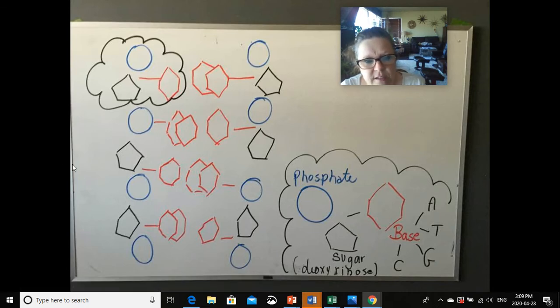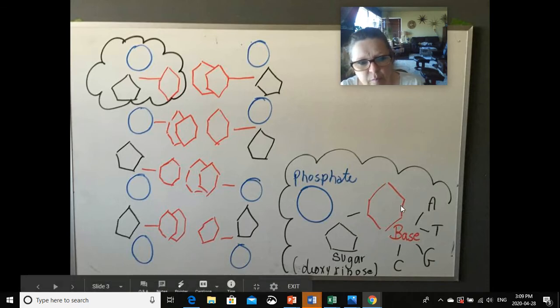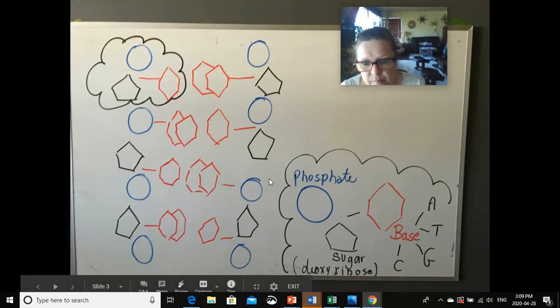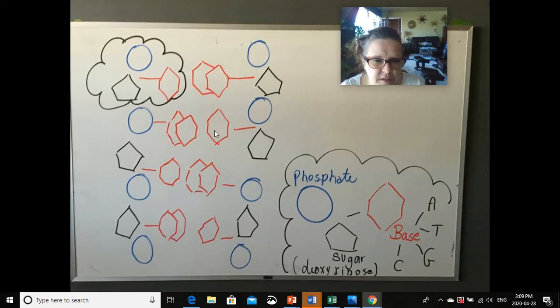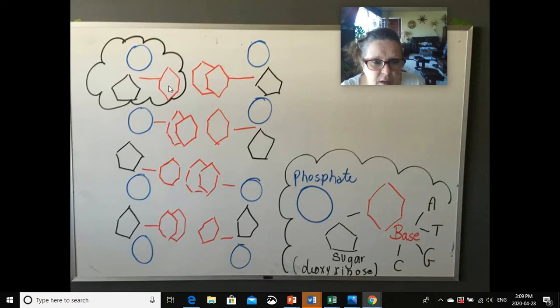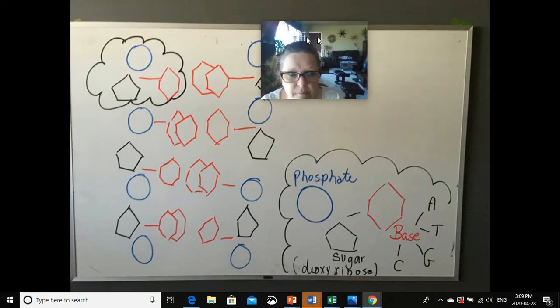And then the rungs of the ladder are these bases. So you can also see that the bases are differing sizes. You'll have a larger one and a smaller one, a larger one and a smaller one. So you always have a larger one and a smaller one. These rungs on the DNA molecule are uniform size. They reach the same size. So you always have one of these smaller ones and one of these larger ones.